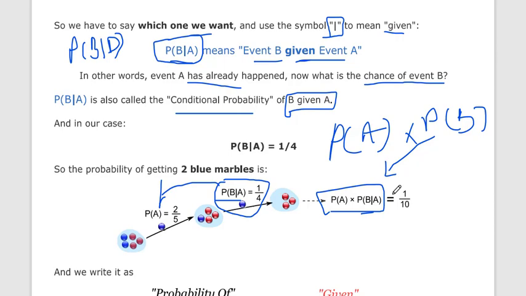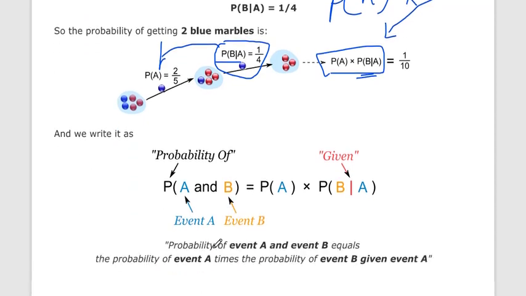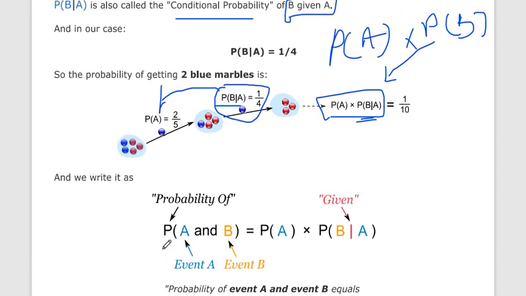Instead of P of B, we write the probability of event B depending on event A, P of B per A. So it is P of A and B equals P of A into P of B per A, or P of B given A.